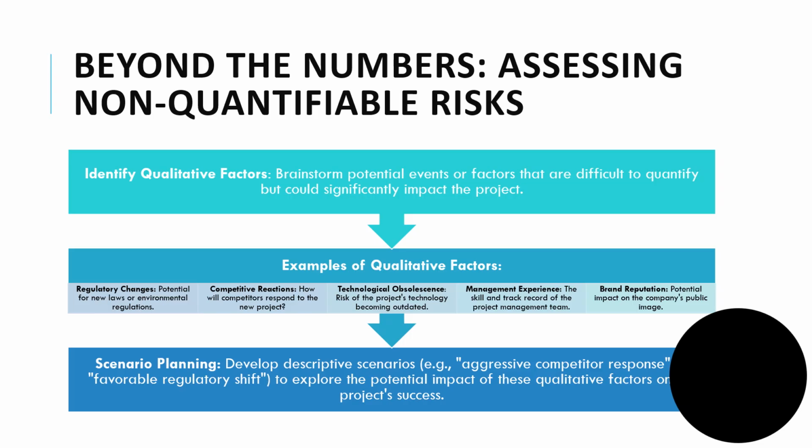This could be anything from potential changes in government regulations to a competitor's unexpected reaction, or even the risk of our technology becoming obsolete. By developing scenarios around these qualitative factors, we can get a more holistic view of the project's risk profile.